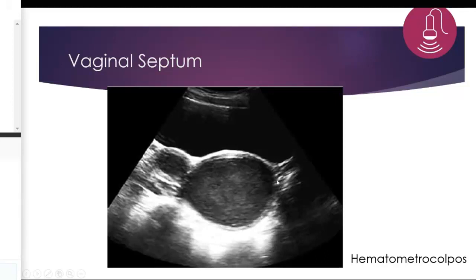This happens to be the uterus. You can see the tissue along the edge here. And then we can see a bit of blood extending into the vagina.